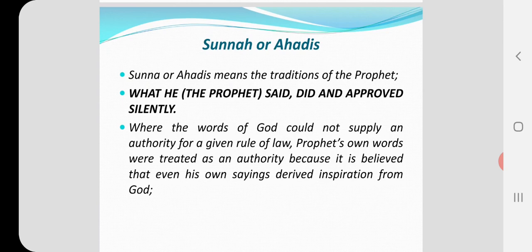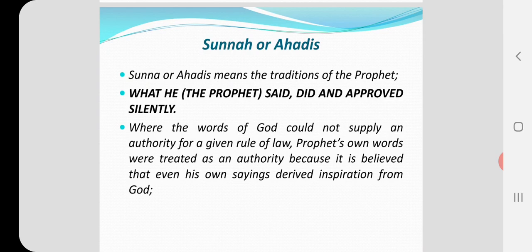Whenever any rule emerges from a particular hadith, that is a narration of an incident, then that is known as Sunnah. And in this way, Sunnah becomes an integral part of any hadith. Remember, it is believed that Prophet Muhammad never said anything or did or approved anything which was not guided.